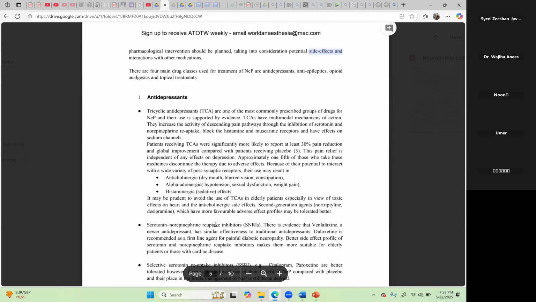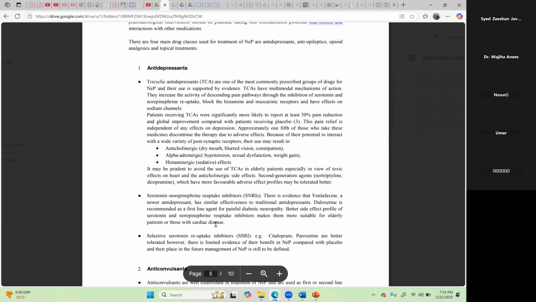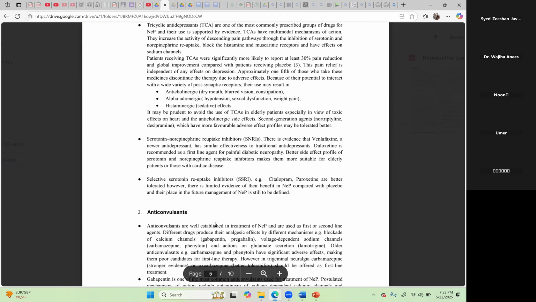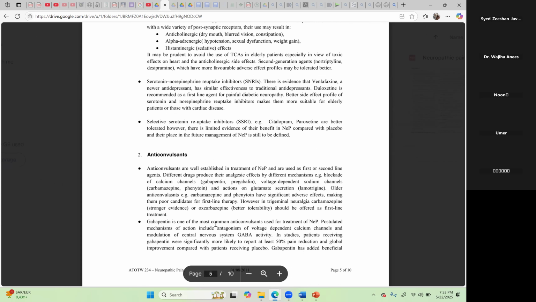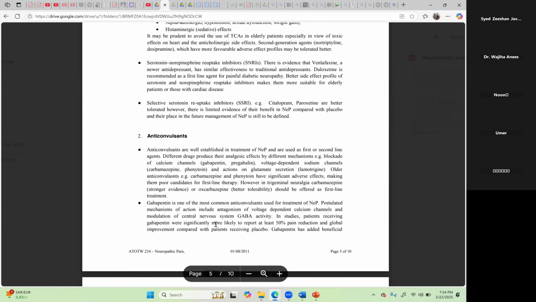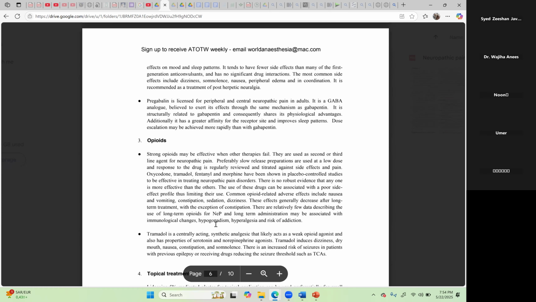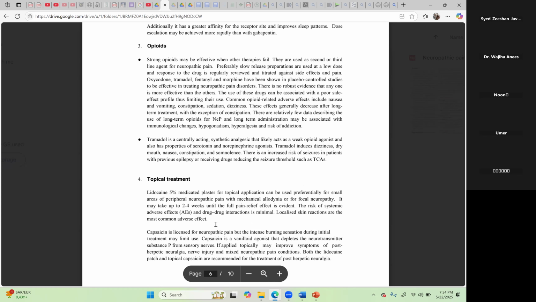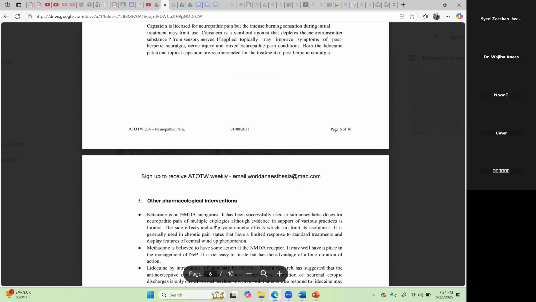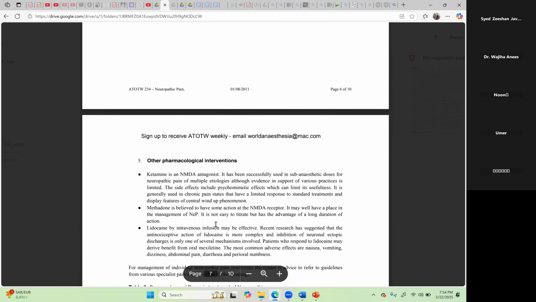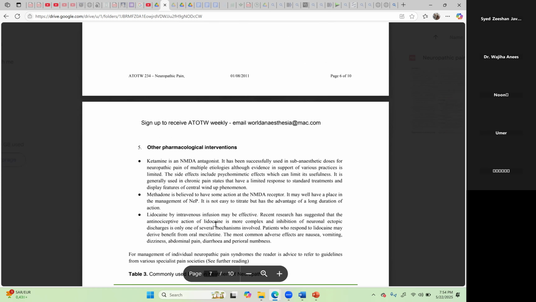So TCA, SNRI, serotonin norepinephrine, this is venlafaxine. Then SSRI, citalopram, paroxetine, and anticonvulsants. In our practice, what we use is gabapentin and pregabalin. Then sodium channel blockers, carbamazepine, lamotrigine. So these are all anticonvulsants. And then opioids. Opioids are not the first line. Then topical treatment with lidocaine, capsaicin, and ketamine in resistant cases if nothing is working.